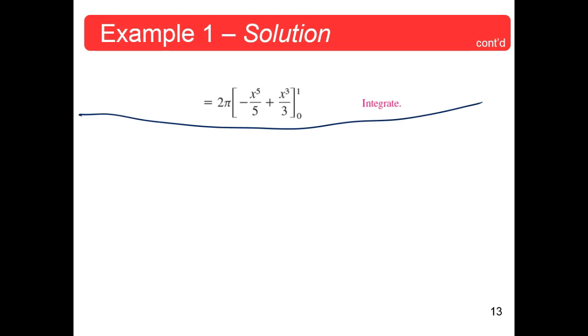Number 1, what you got is x is a function of y rather than y is a function of x. So now we're dealing with things sideways here. The volume of the solid formed by revolving the region bounded by that curve and the y-axis between 0 and 1 about the x-axis.